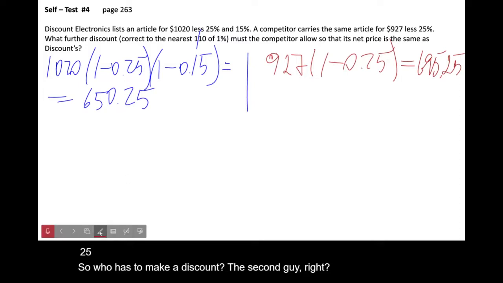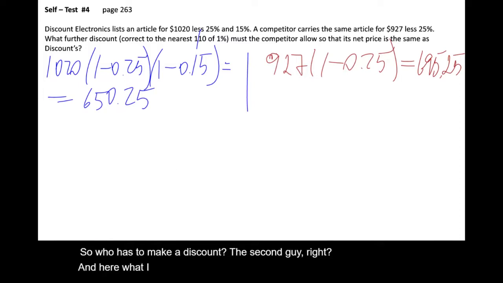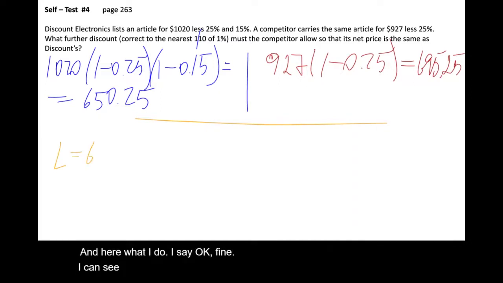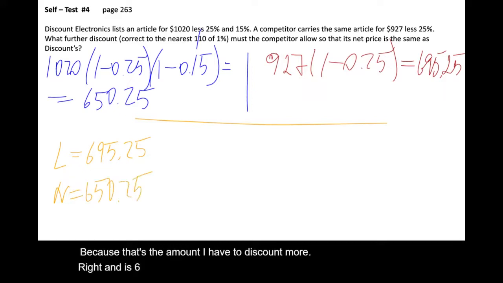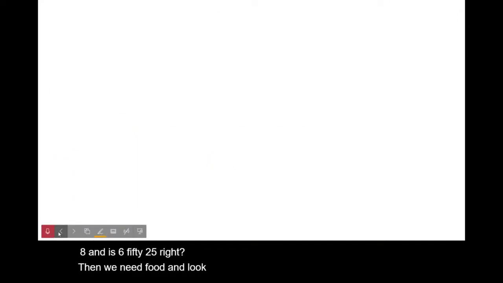And here what I do, I say, okay, fine. I can say L is 695.25, because that's the amount I have to discount more, right? N is 650.25, right? And we need D. And look at that, guys.